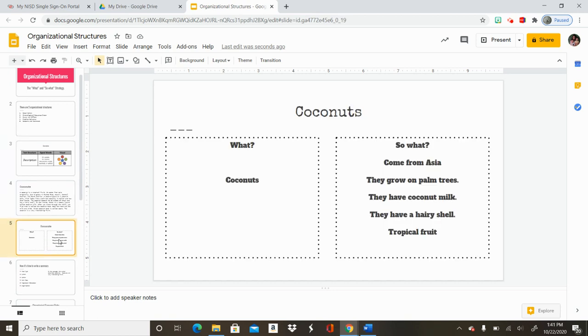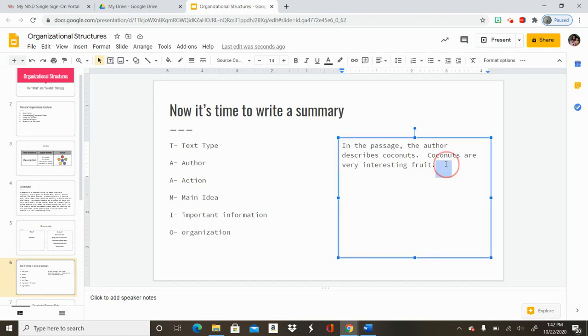Okay, I'm going to come back here and look at my details. They come from Asia, they grow on trees, they have coconut milk, they have a hairy shell, and it's a tropical fruit. Okay, so in the passage, the author describes coconuts. Coconuts are a very interesting fruit.